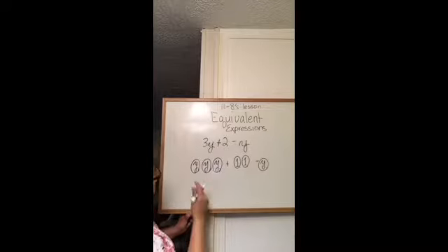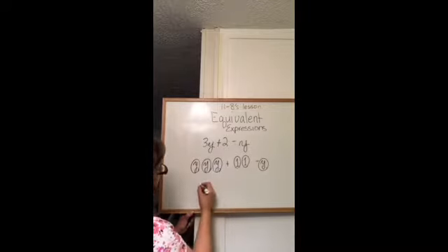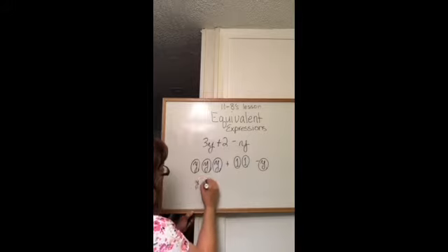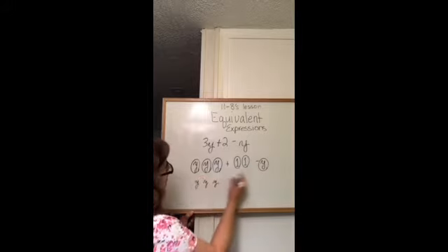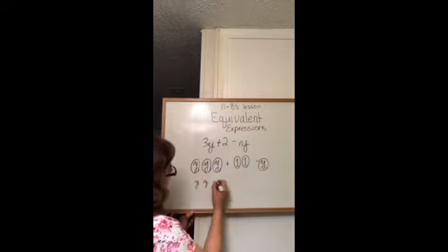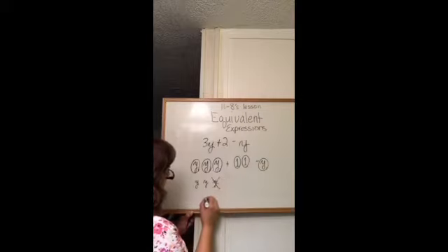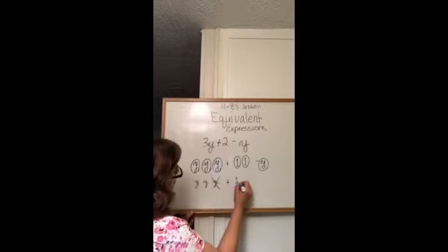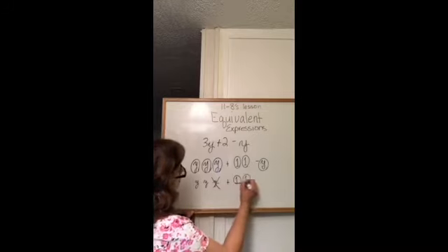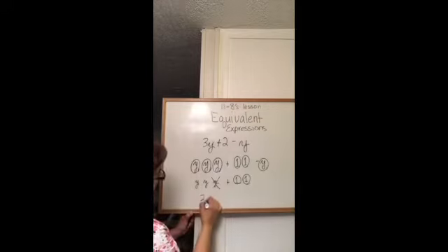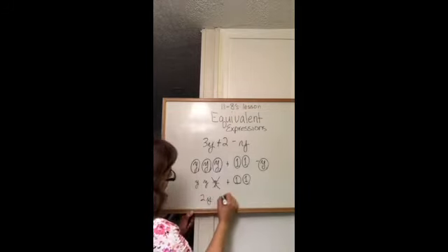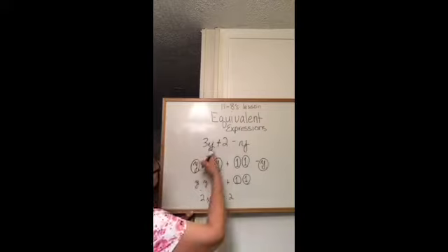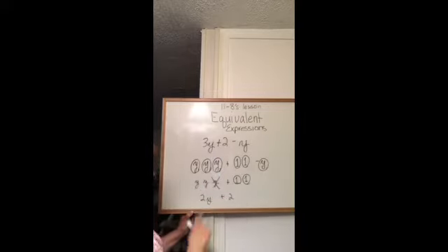If I gather my like terms together, I've got 3y minus 1y. So what does that leave me with? 2y plus 2. Let me write it another way. 2y plus 2.